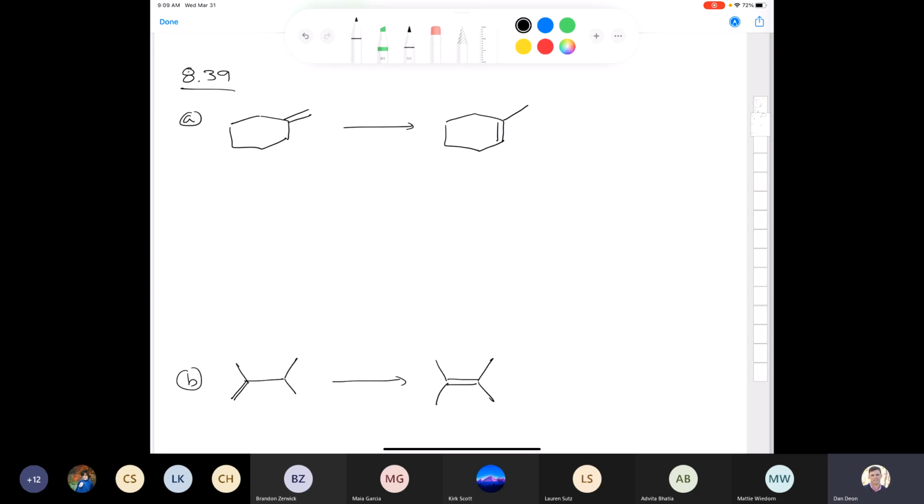If you're unsure, thinking backwards from the product, what if I had this? What if I had a good leaving group at that carbon?